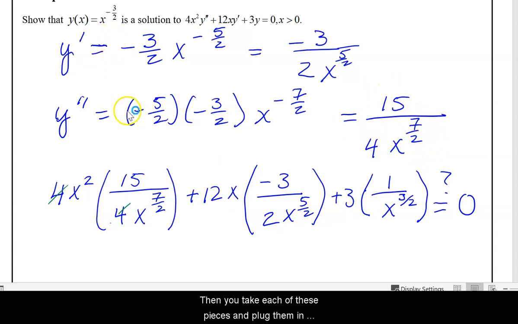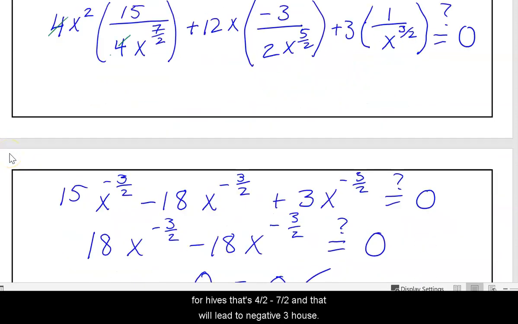Then you take each of these pieces and plug them in place of y prime and y double prime in the original differential equation. Once you do that, you will need to use the properties for exponents. Remember that it is numerator power minus denominator power, or 2 minus 7/2. Since 2 can be written as 4/2, that's 4/2 minus 7/2, and that will lead to -3/2.